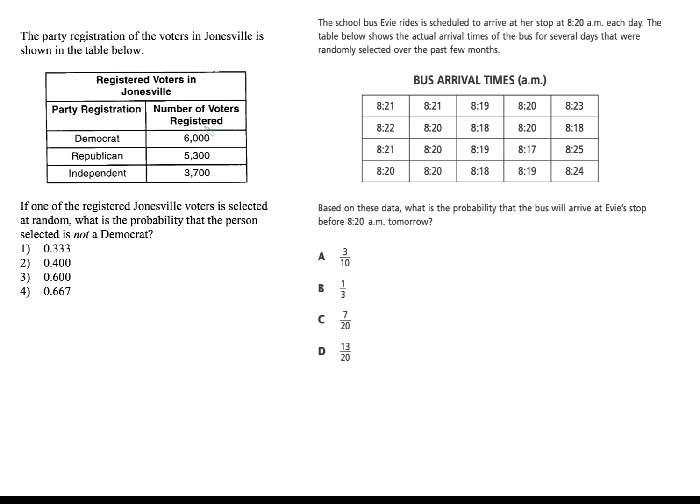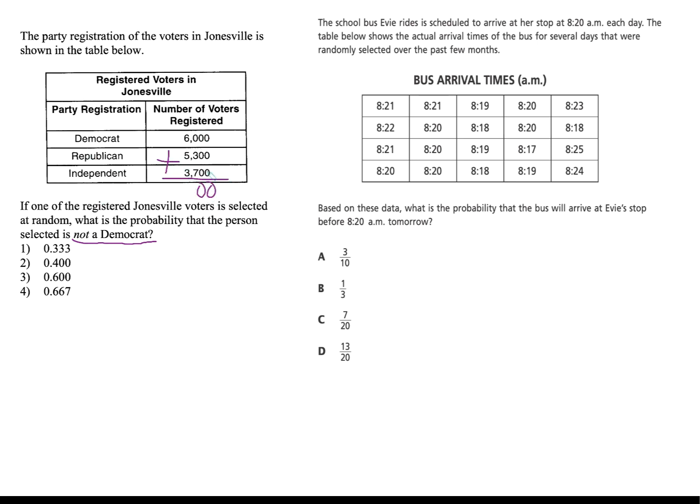Number of voters registered. If one of the registered Jonesville voters is selected at random, what is the probability that the person selected is not a Democrat? So if you're not a Democrat, it means you're a Republican or Independent. So we're going to have to add these two.